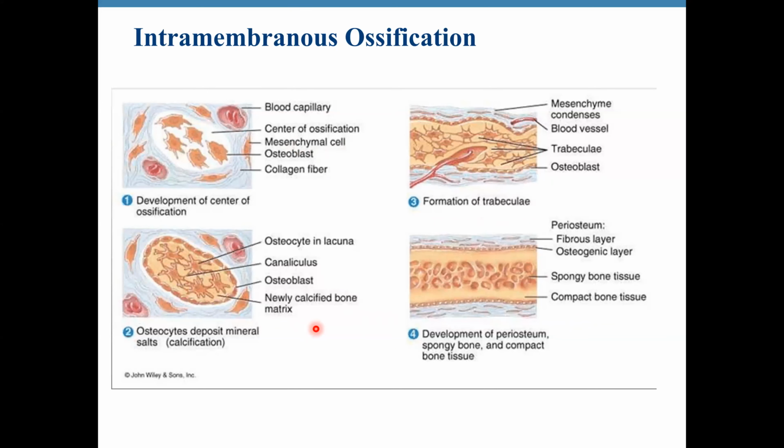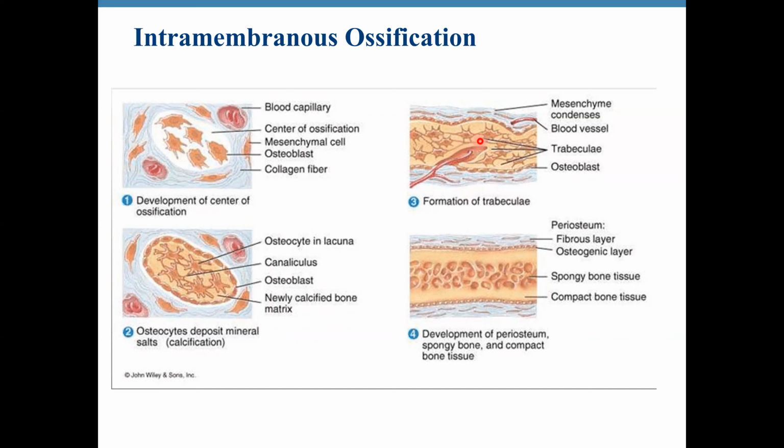Now, that's a very, very quick overview of the intramembranous ossification. So it begins within a membrane, right? Inside the membrane, we have mesenchymal cells, and those are embryonic cells, and some of them differentiate into osteoblasts and form the center of ossification. Then these osteoblasts start secreting matrix, bony matrix, right? And whatever osteoblasts get trapped inside, they become osteocytes.